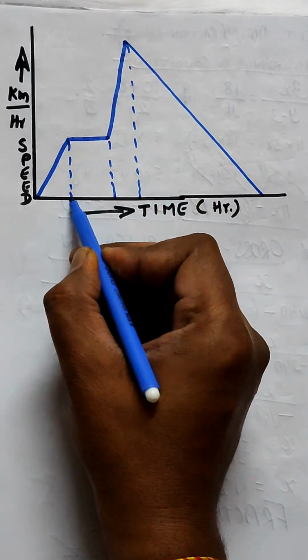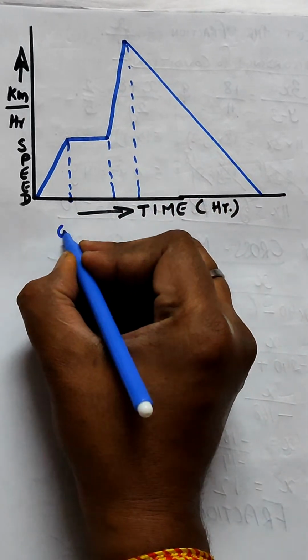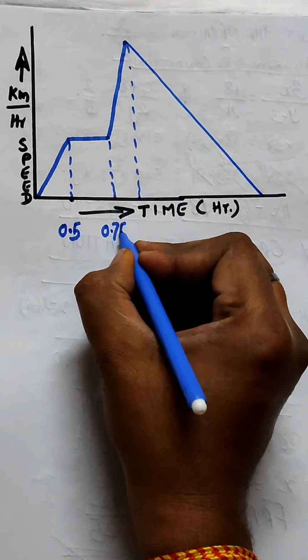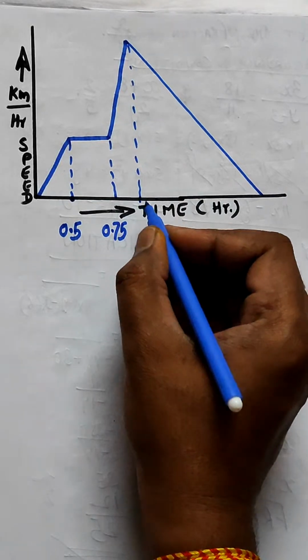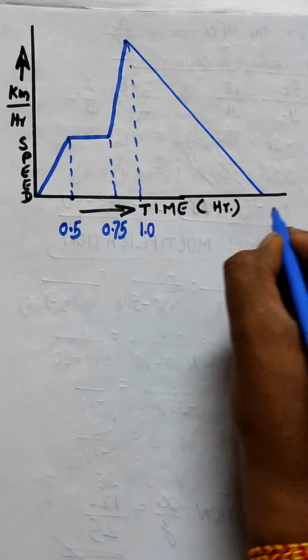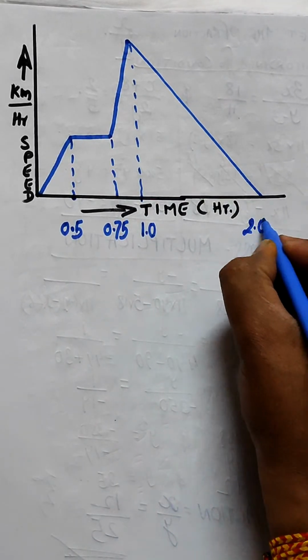This time stamp is 0.5, this is 0.75, and this one is 1.0, and this one is 2.0.